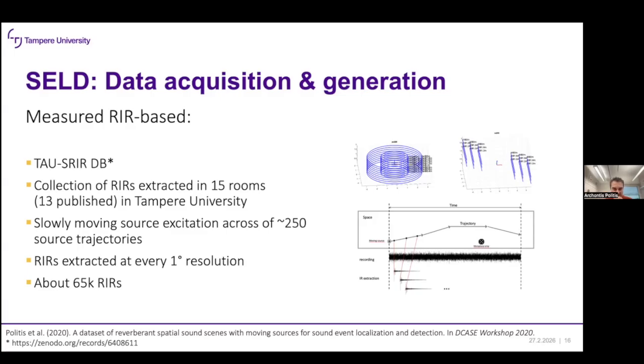And we collected about 250 such source trajectories, resulting in about 65,000 room impulse responses. Because these were very densely extracted, we could also use them afterwards in synthesis to emulate moving sources for various simulation scenarios.